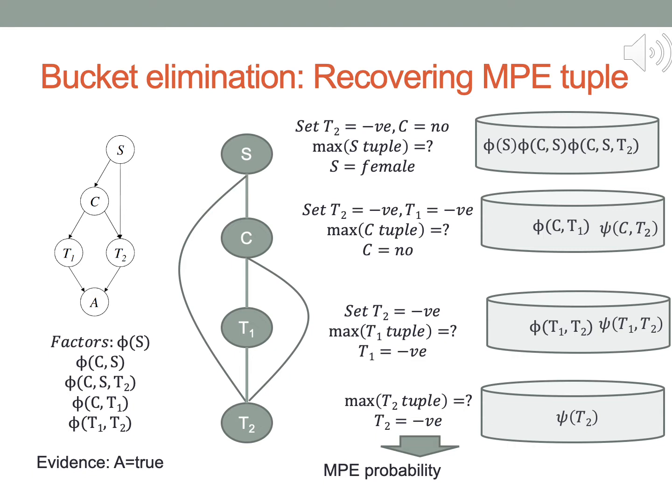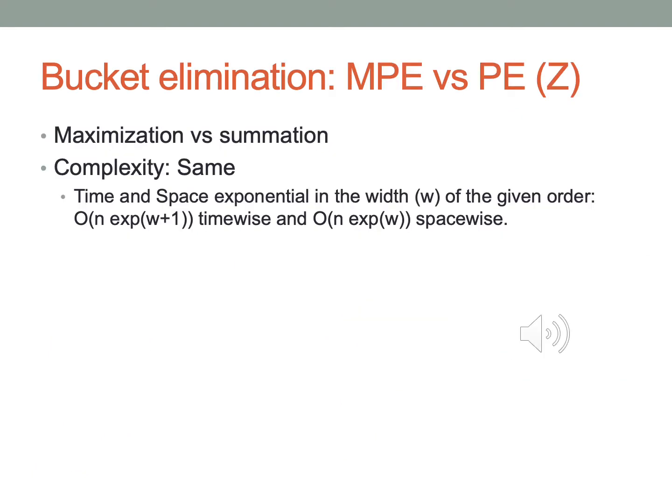Okay? Because as you can see, the bottom-up process does not have exponential complexity. The exponential complexity for computing the MPE tuple comes from the elimination process and not from the bottom-up pass. The complexity of the max out operation is the same as the sum out operation over the factors. Do you agree? Therefore, the time and space complexity of the bucket elimination algorithm for computing the MPE probability remains the same.